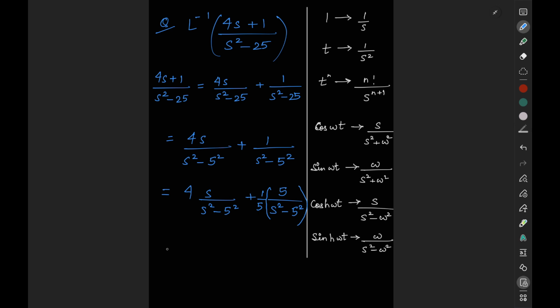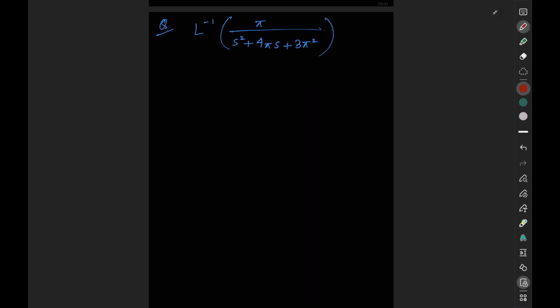So the Laplace inverse will be 4 times cos hyperbolic 5t plus 1 by 5 times sine hyperbolic 5t. This will be the answer.